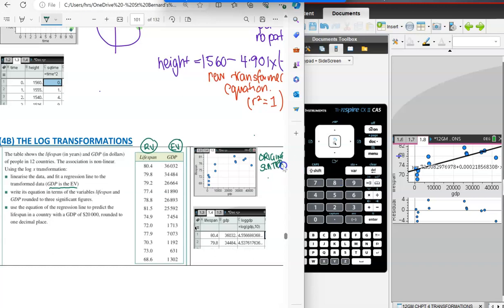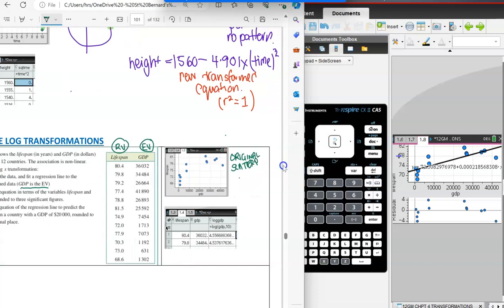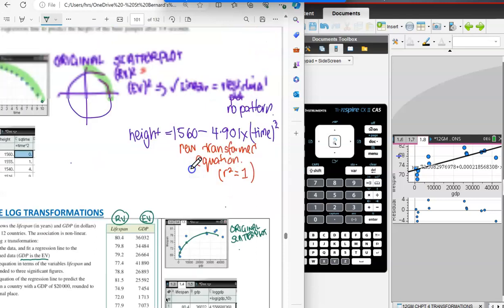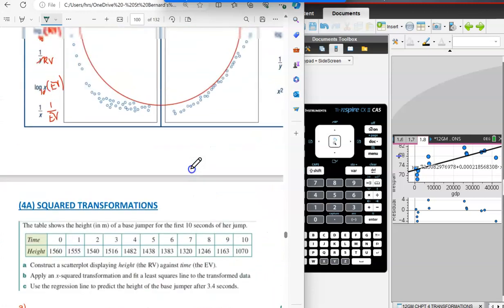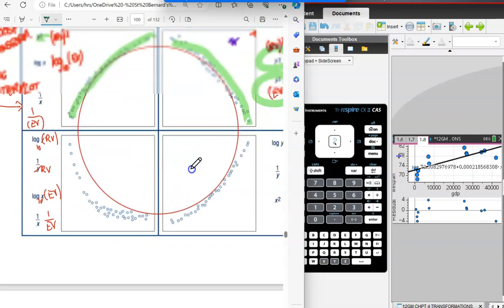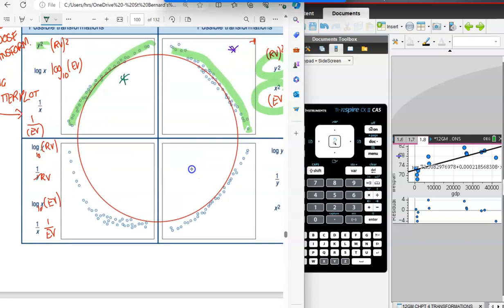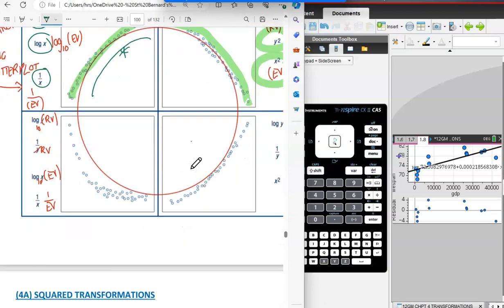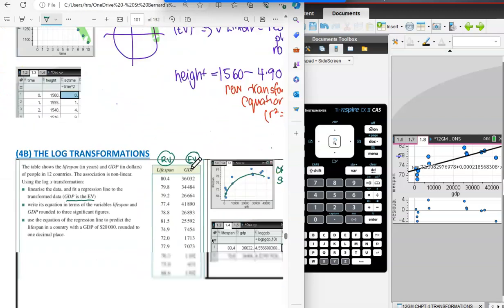Okay, so we can see that it's following that type of curve. If I go back up here and have a look, would you agree? Did I not just draw that like that? So these would be the options that I could pick.